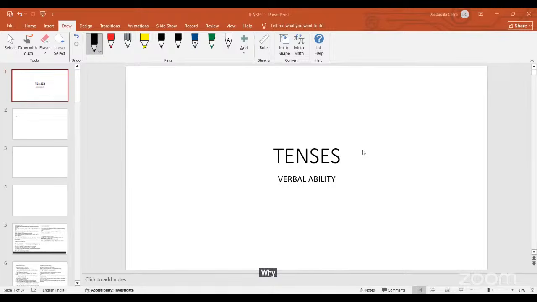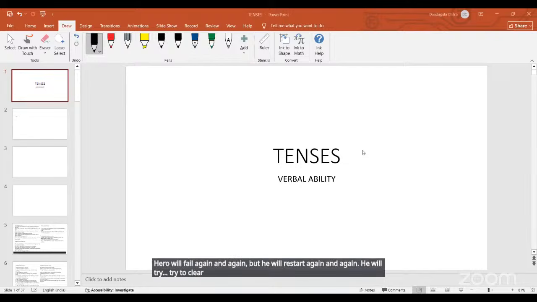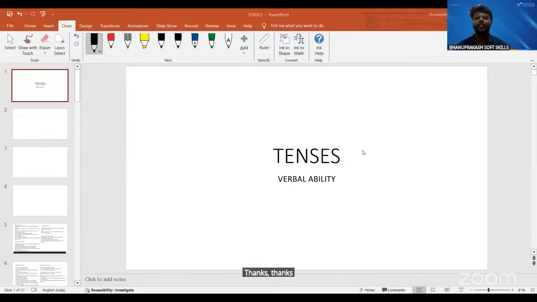Because the hero will fail again and again, but he will restart again and again. He will try to clear UPSC. It will motivate me a lot, sir. Okay, thanks, Abhishek.